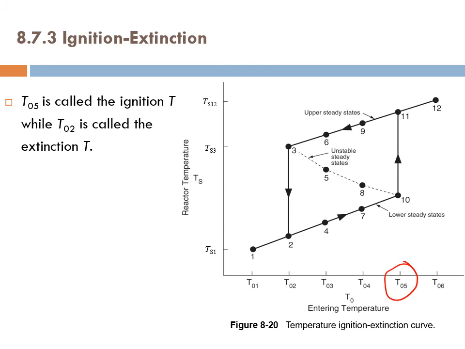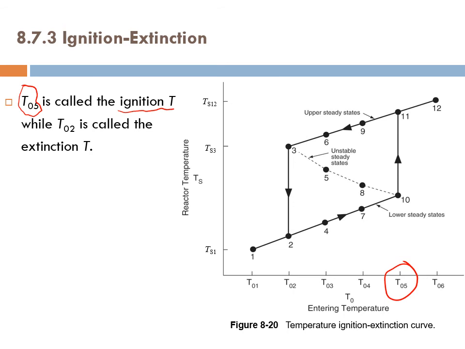It's because of the feed temperature this ignition took place. In this case, the ignition took place after the feed temperature increased slightly above T05. So here T05 is called the ignition temperature. Who caused the ignition? It is T0, at the value of T05.